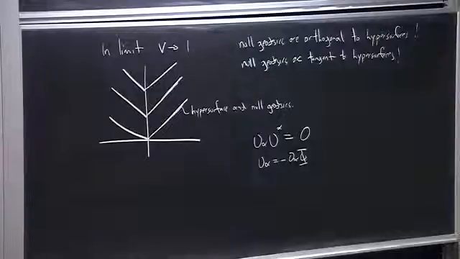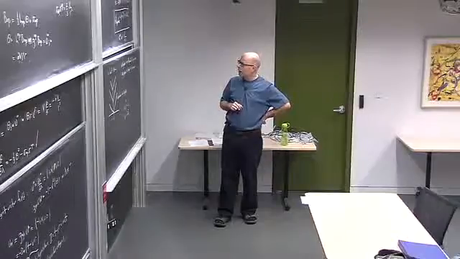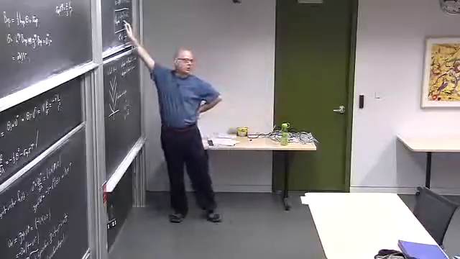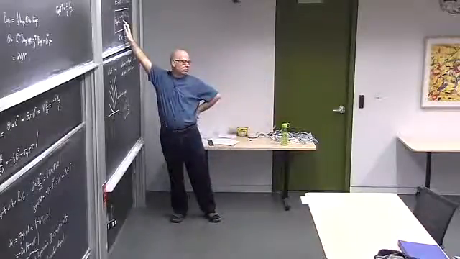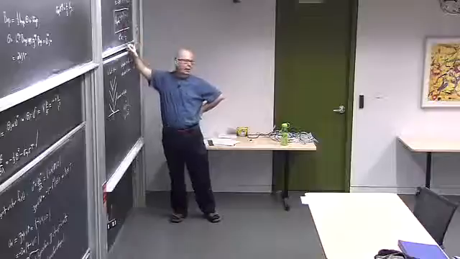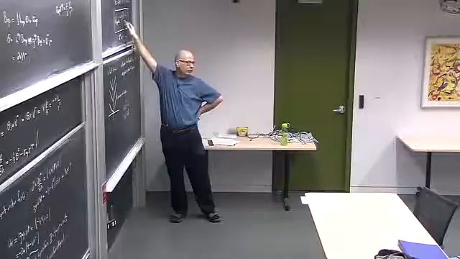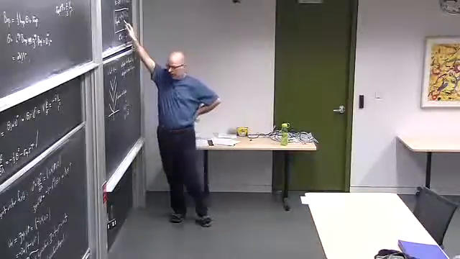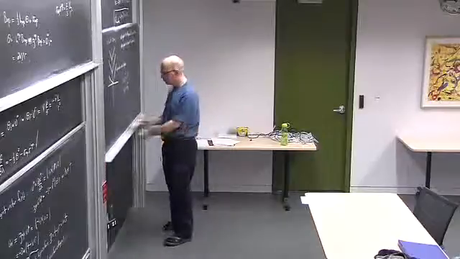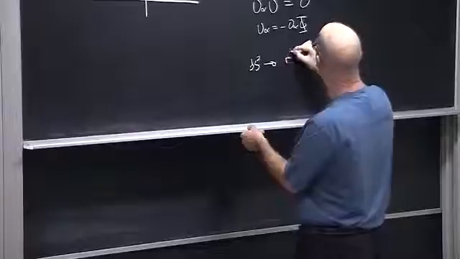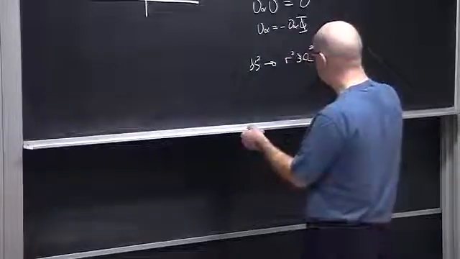But one thing that is also directly relevant for us here is the fact that when I take the limit v goes to 1, something really weird happens to the metric. I'm getting a 0 factor in front of dr squared, which means that effectively I'm losing a dimension. In the limit, ds squared becomes r squared d theta squared.